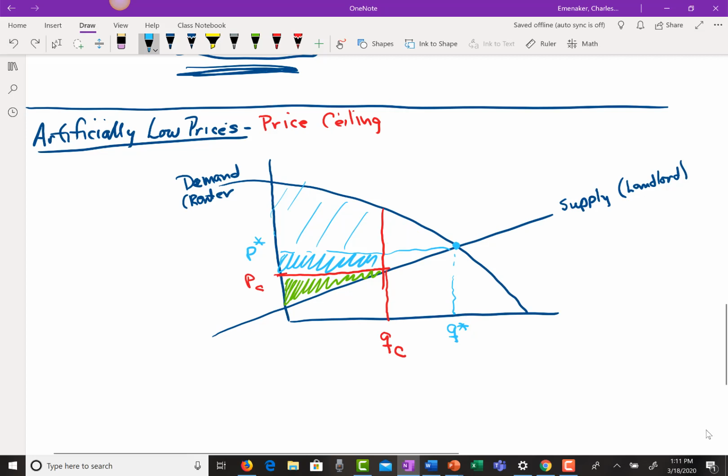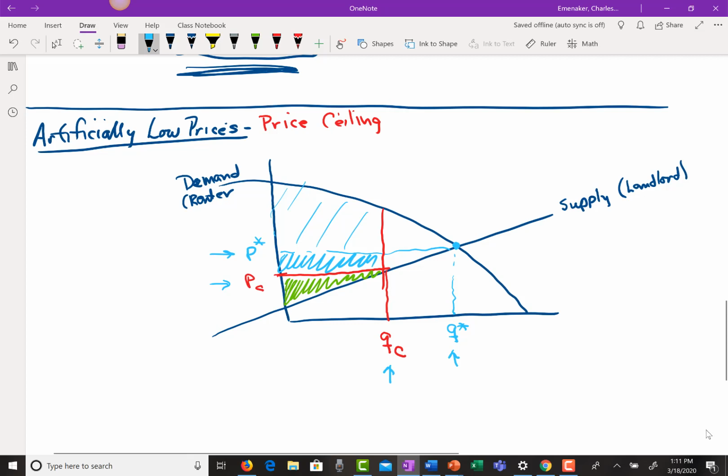Now, why have they lost some? Well, the reason they've lost some is the producers, the landlords, at this higher price are willing to provide this many apartments. When the price is set lower, it's not attractive for them to provide as many apartments because they're not making as much profit.